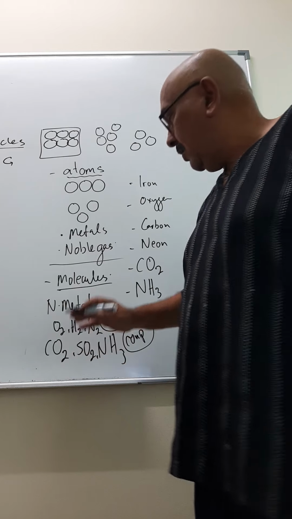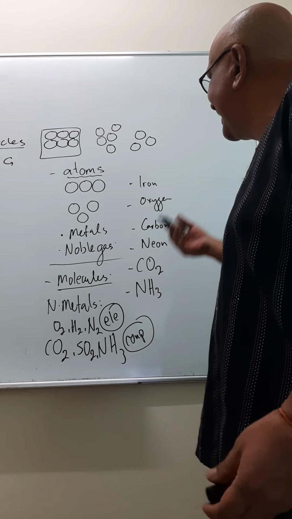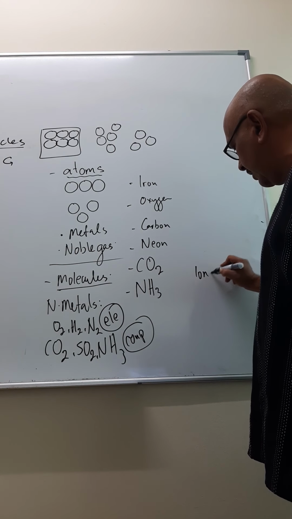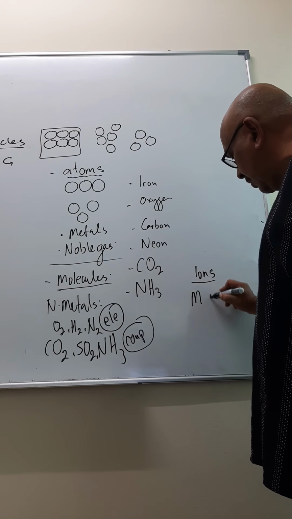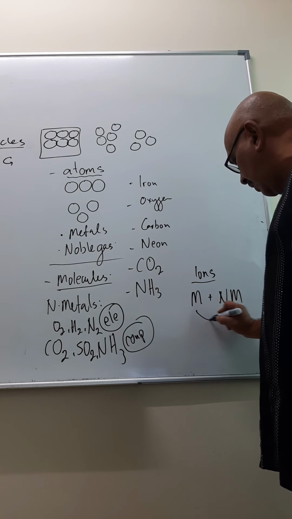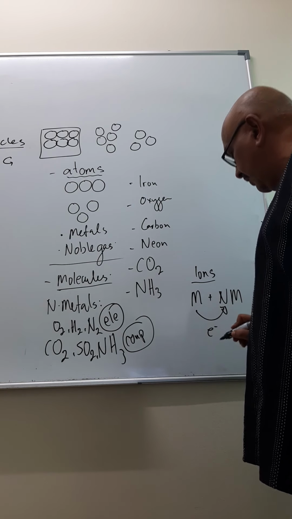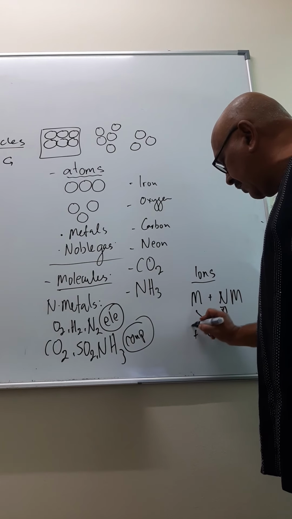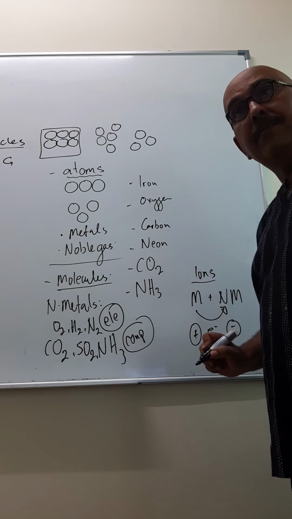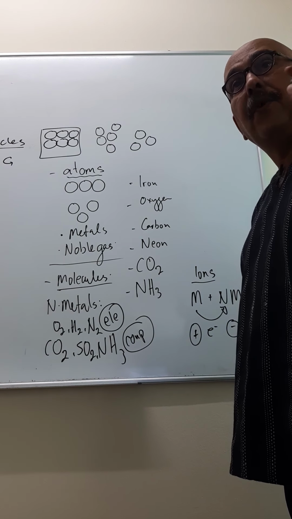Get that? Yes. Okay, then the last one is ionic. Ionic means it's got to be a metal combining with a non-metal, because there has to be a transfer of electrons. So you've got a cation, which will be your metal, and an anion, which will be the non-metal, except for ammonium.